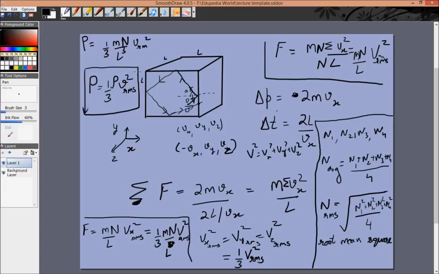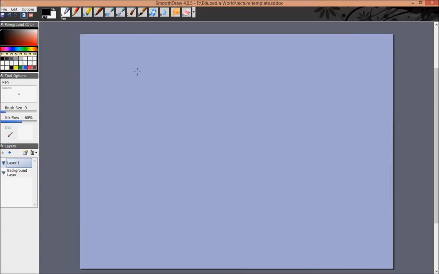Now I'm going to just start with this equation, P is equal to 1/3 rho V RMS squared, and I'm going to write it in a number of other ways which are generally useful. So from this, one way is PV is equal to 1/3 M V RMS squared. Again, remember our notation. M is the total mass of the gas, V is the total volume of the gas.